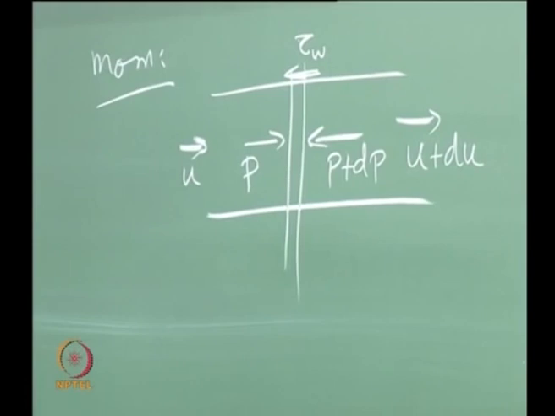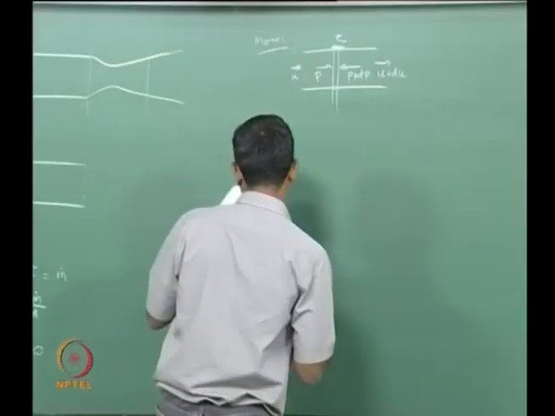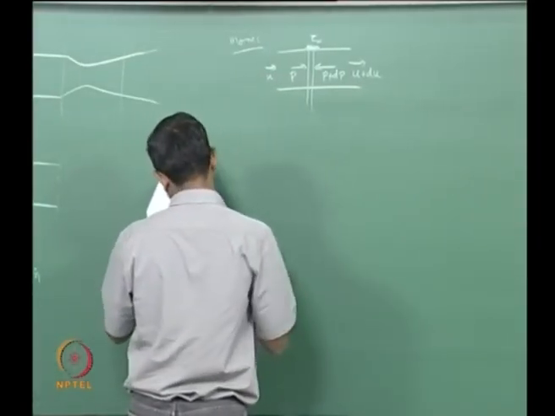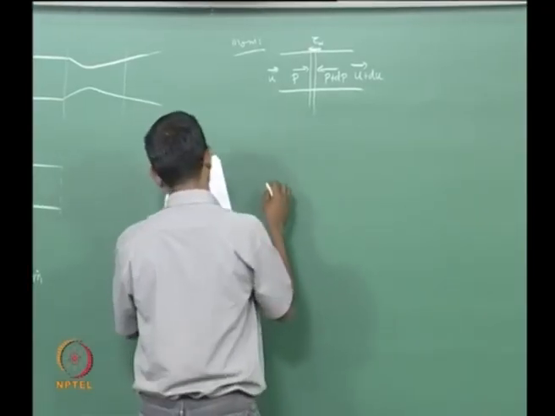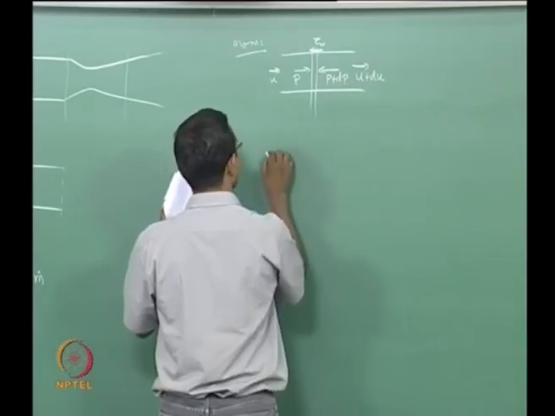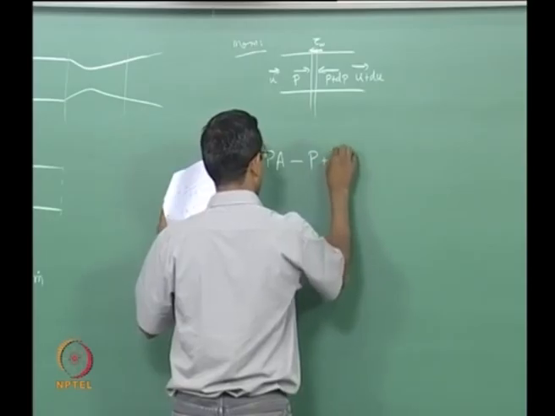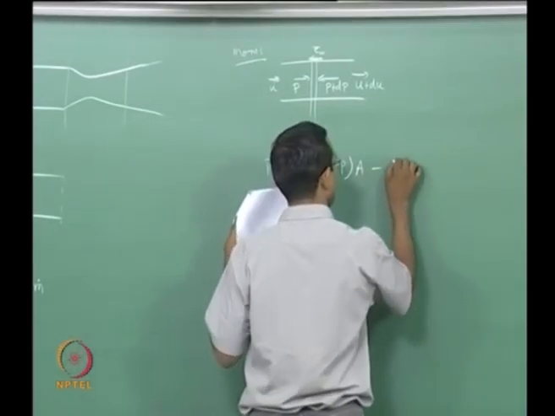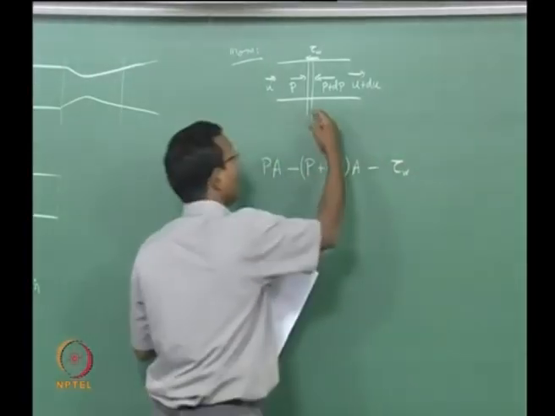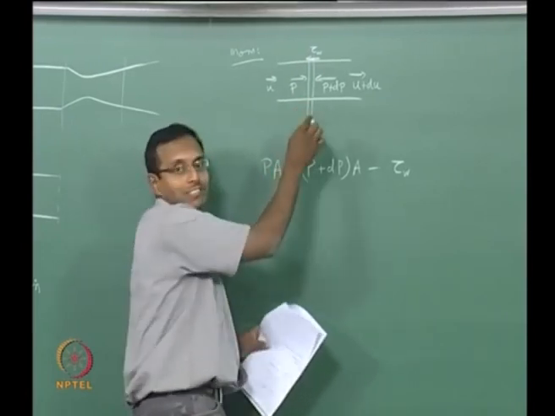So you want to study this whole thing, and of course it has a density rho here and rho plus d rho there. If I think about the whole thing, I won't go into the detail again. I just have to tell that I am adding one more factor here, which is P into A minus P plus dP into A minus tau wall into area of contact, which is the perimeter of the duct times the thickness of the slice I am using.